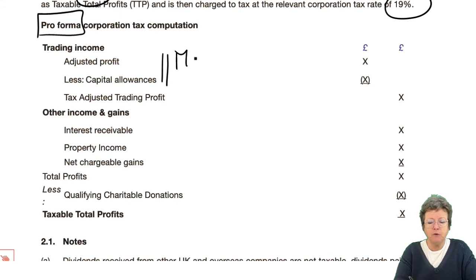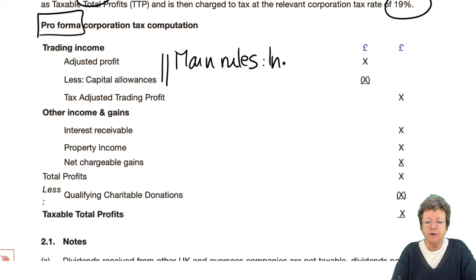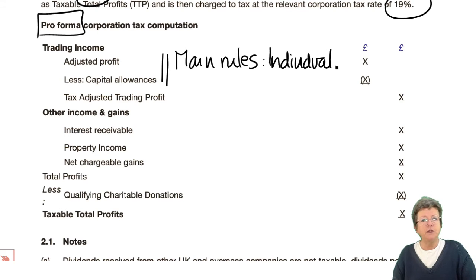Now the main rules for this, there are one or two differences which we're going to look at, but the main rules for that are in the individual chapters, which if you've read your manual and watched the lectures in order, you'll have done that. So this is a bit of a recap for those of you who've done that.